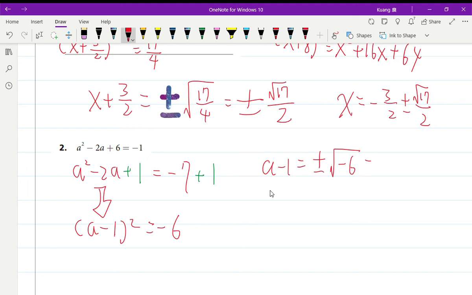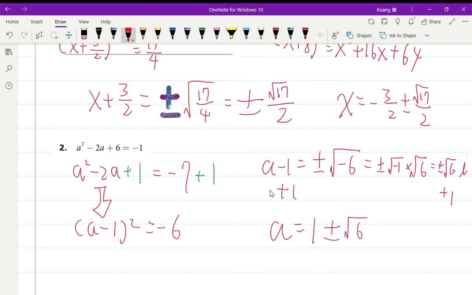It will be positive or negative square root of negative 1 times negative 6. Actually, it's positive or negative root 6 i, because this is i, so just write i here. And then you add 1 to both sides of the equation. So a equals 1 plus or minus root 6i.